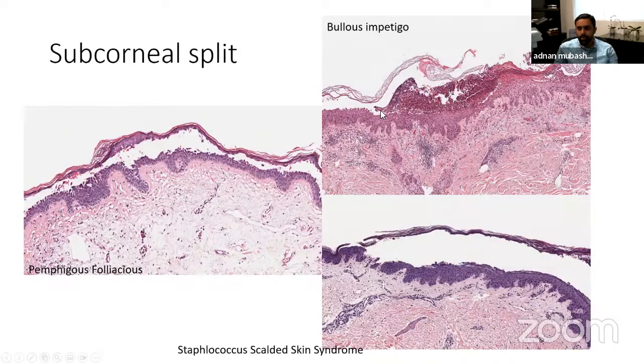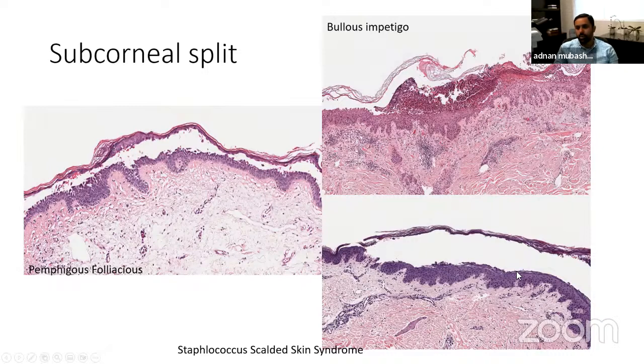So there's a split within the epidermis, and it's subcorneal, and it's full of all these inflammatory cells. That's a picture you will see in bullous impetigo. And then pemphigus foliaceus, you will still see the split within the epidermis, but not as superficial, slightly deeper in the epidermis.